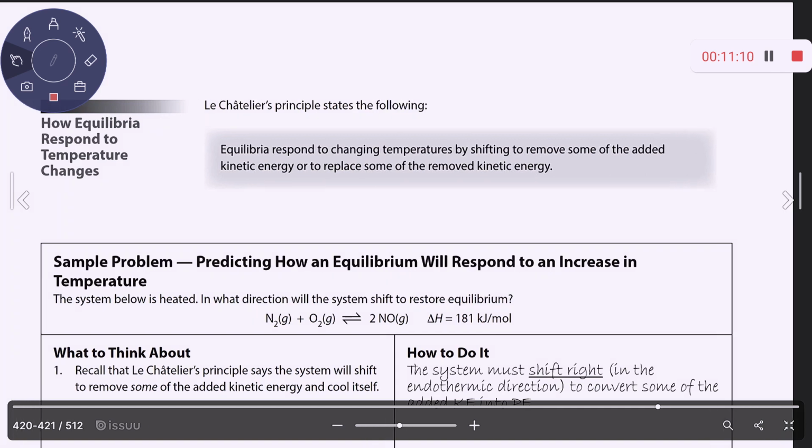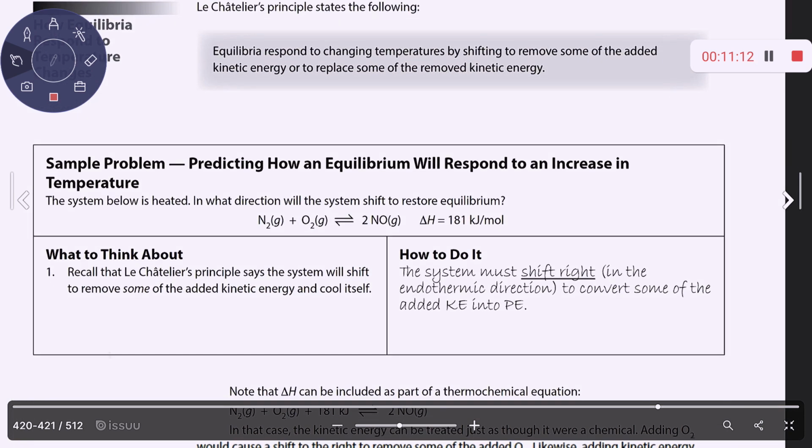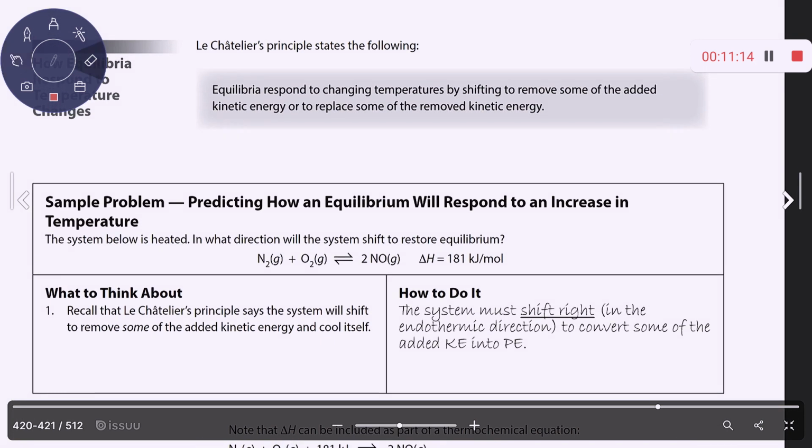Now we're going to talk about temperature changes. And what I'm going to do is I need to give you a couple notes on temperature changes before we proceed. So let's make a note that if it is an endothermic reaction, which is a positive delta H, if you add heat, you will shift to the right.